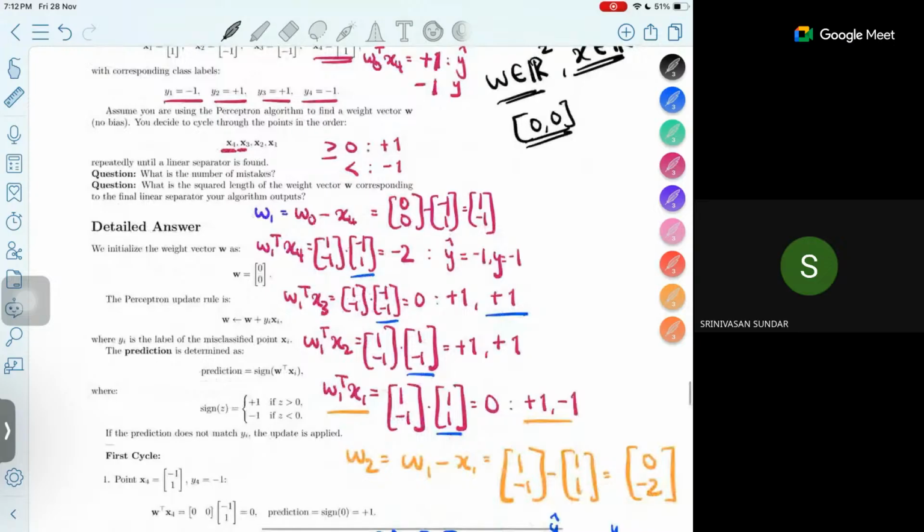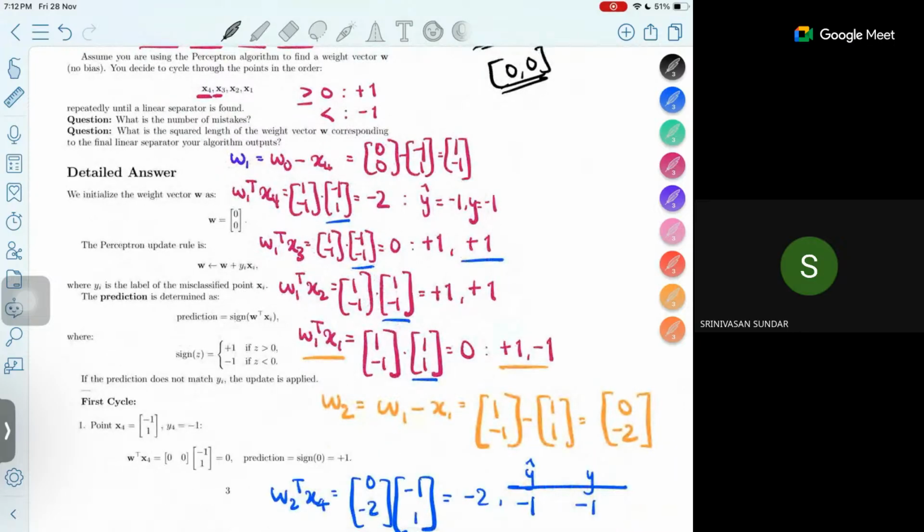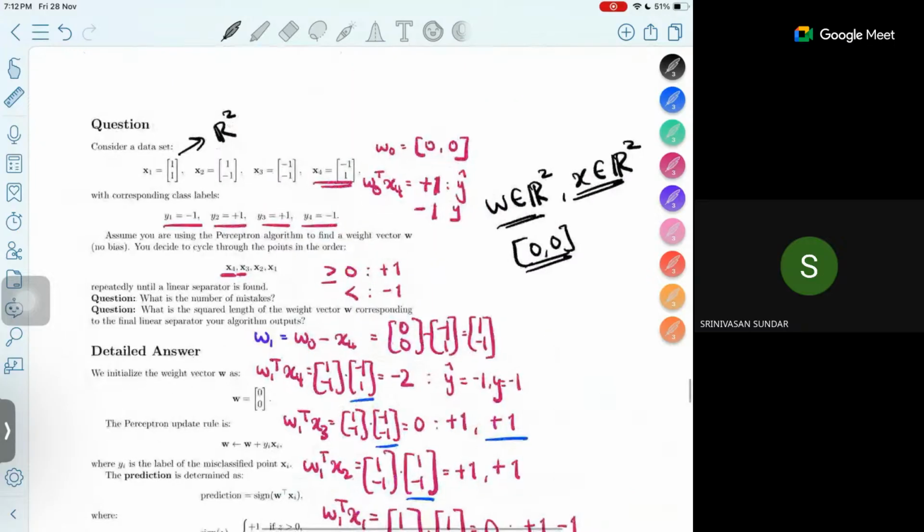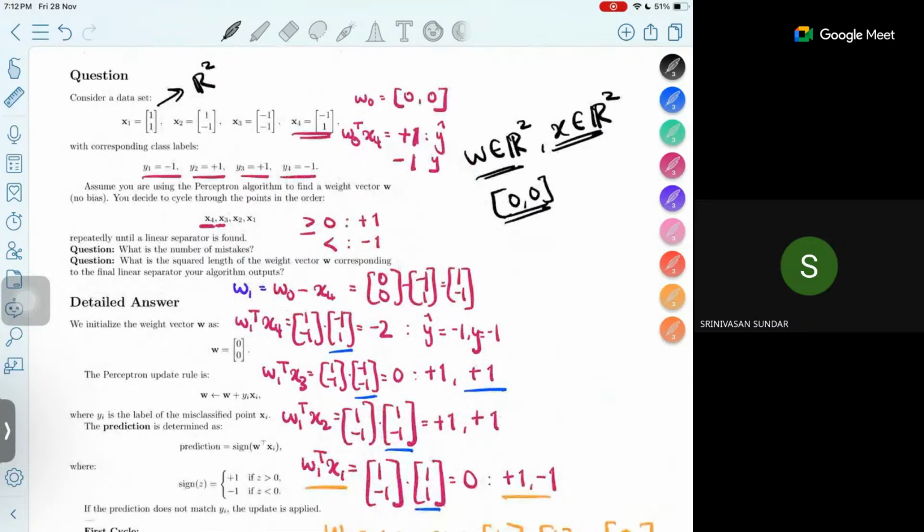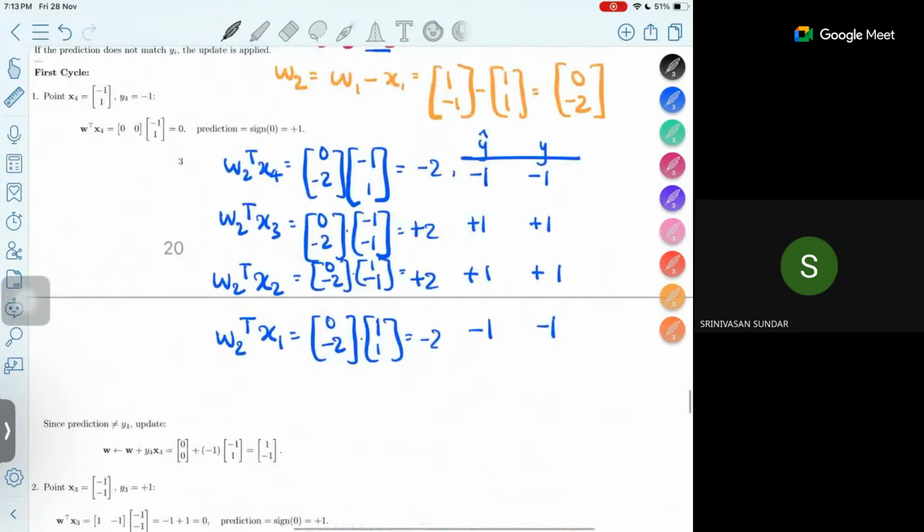All right. So now we were looking at how many mistakes perceptron has made. In W0 we had a mistake, and therefore we moved on to W1. So this is one mistake. Then W1 had a mistake, therefore we went to W2. So that is another mistake. Do we have a W3? I think we don't have a W3.